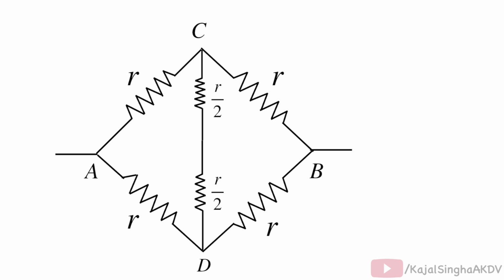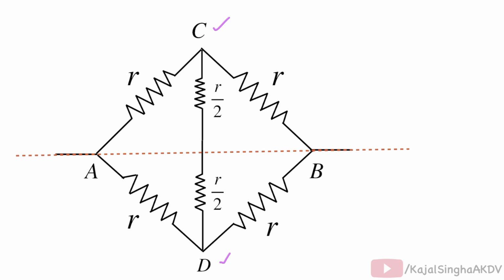So if we draw a line through points A and B, we can see that the circuit is symmetrical about this line, where points C and D are symmetrical to each other. This resistance R, which is between points A and C, that is branch AC, is symmetrical with branch AD, and branch CB is symmetrical with branch DB.